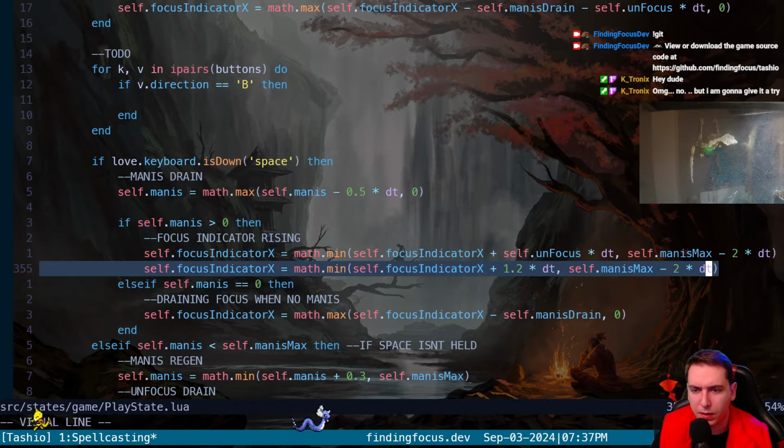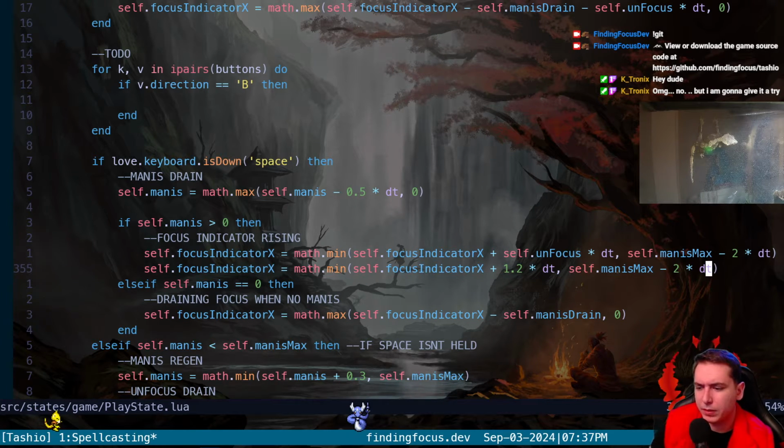Because even this, you know what? I haven't thought about this so much. We might need like a third button. I don't know if that's pretty un-Game Boy like of us, huh? To add another button.